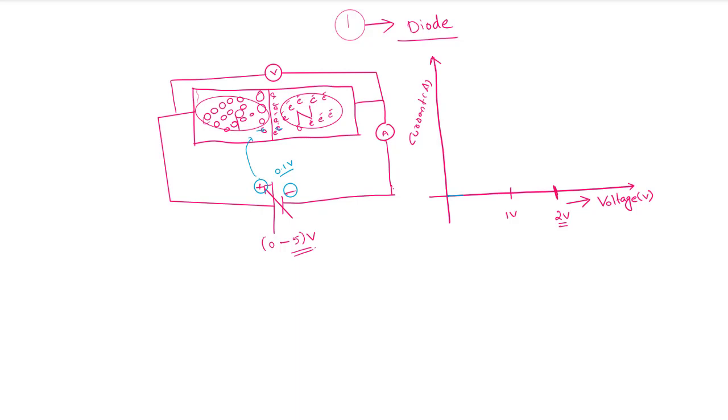There will be a junction, isn't it? So whatever the voltage that you see, the same voltage will appear, but the current is 0. So here there won't be any current.